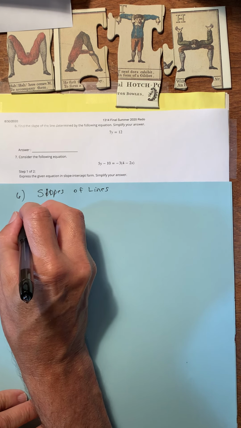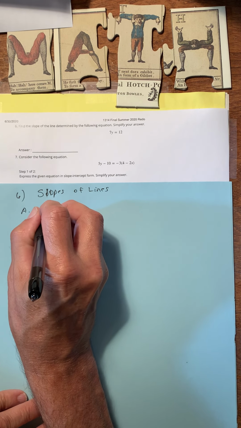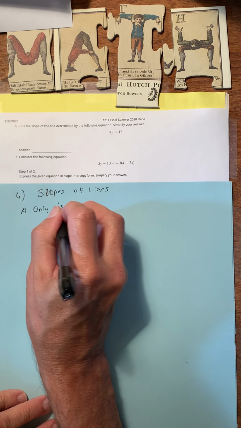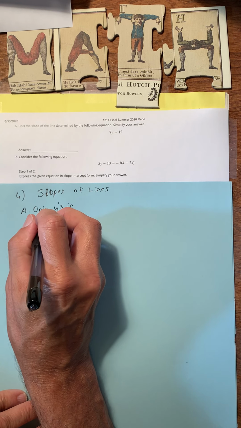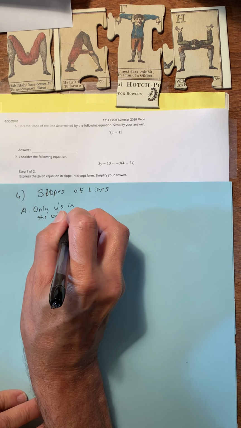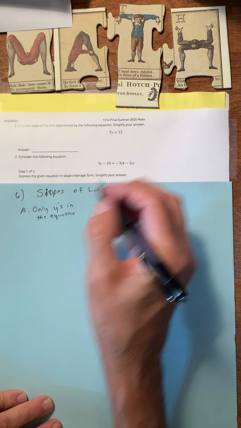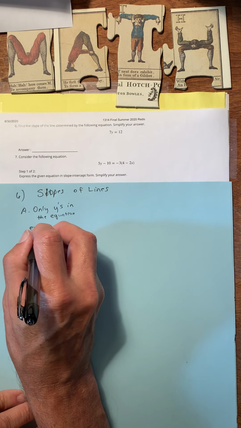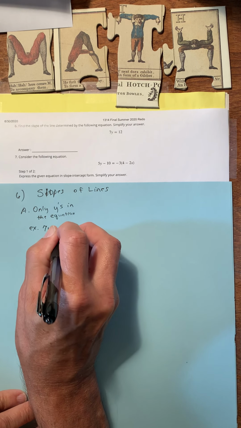3 types. A, only y's in the equation. That's just like this one. There's only y's in this equation. Example, 7y equals 12.